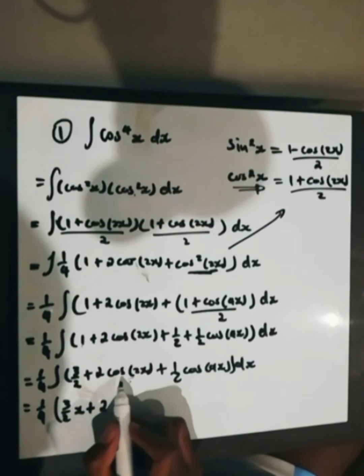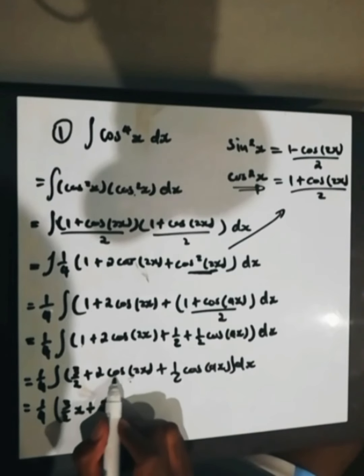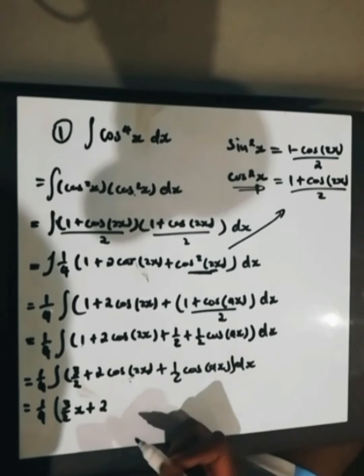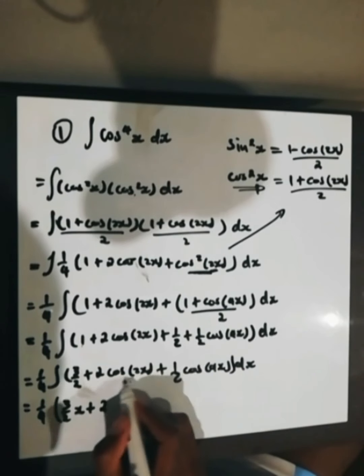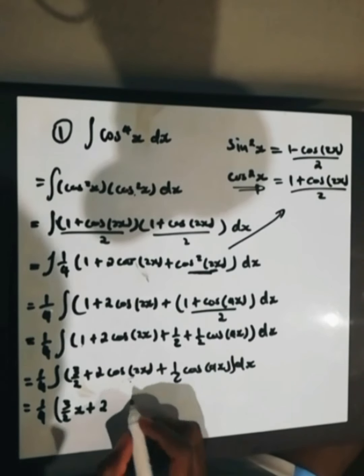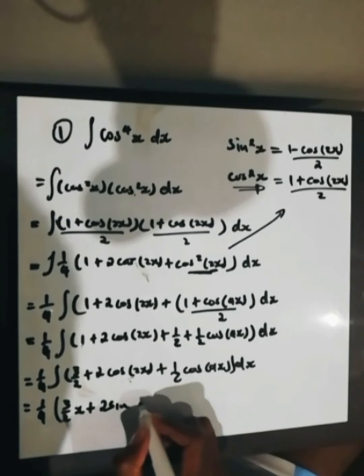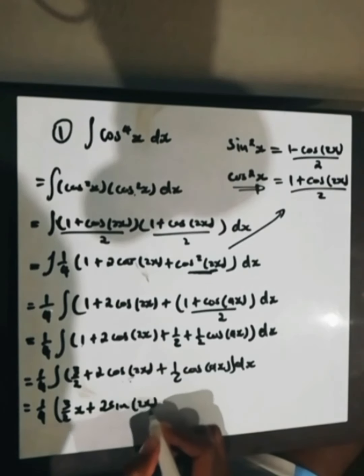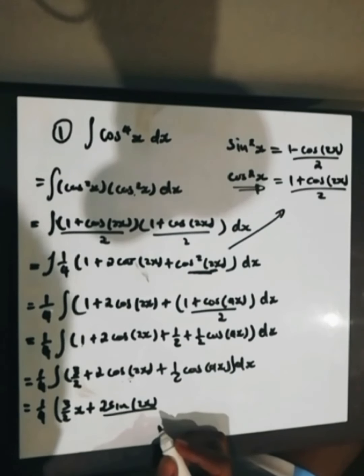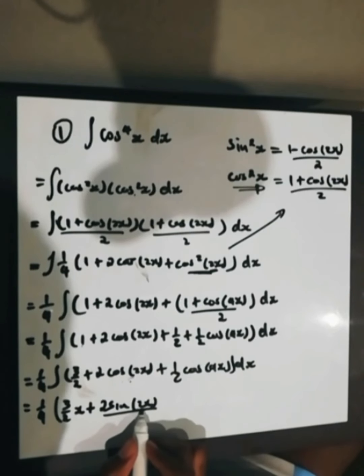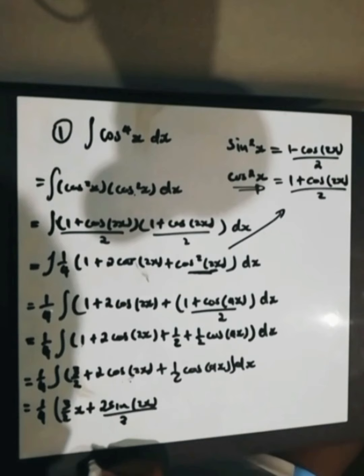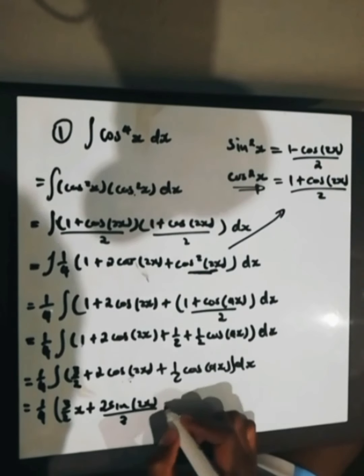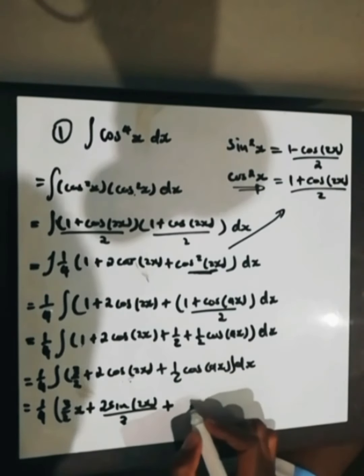We remember that the derivative of cos of 2x is negative sine of 2x, so the antiderivative of cos 2x becomes a positive sine of 2x. But remember, when we do the antiderivative, we must divide by the coefficient of the x inside the bracket. So it's 2, the coefficient there, so we divide by 2.